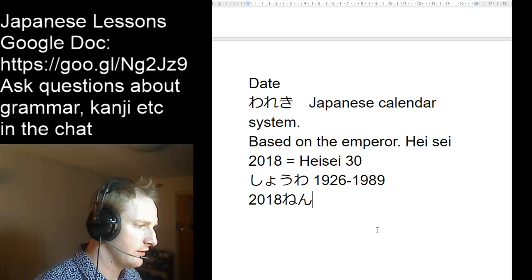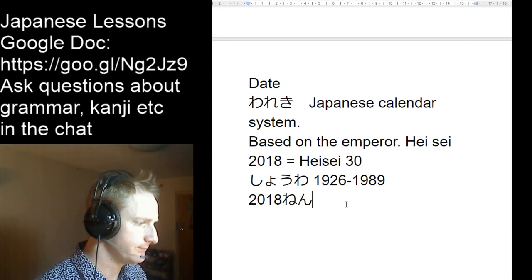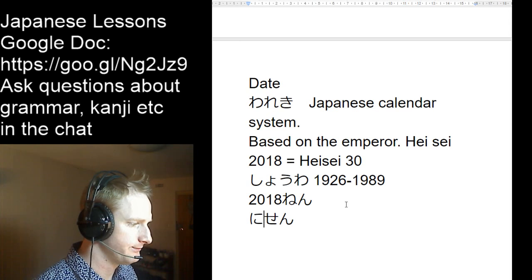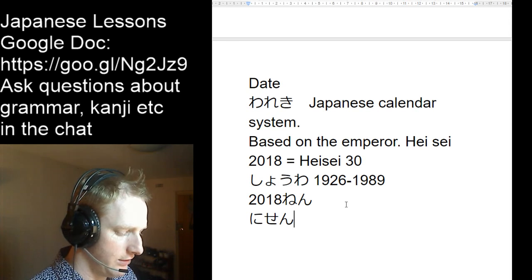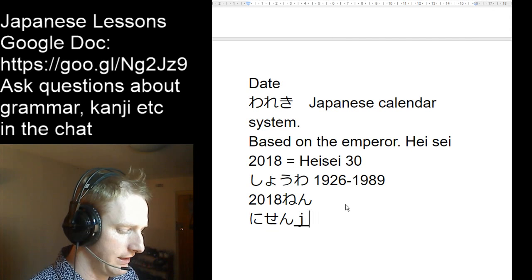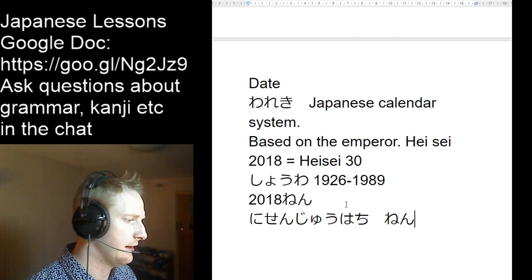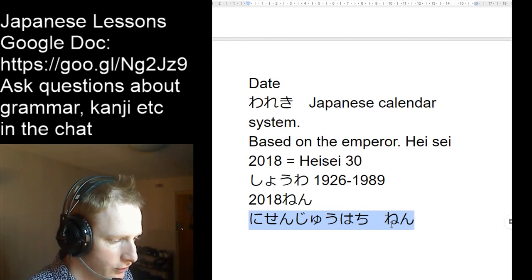So how would we read this number? Well, if we go back up, we saw that sen is 1,000. This is 2000, so we say nisen. And then we want to say 18. Well, so we just say 10 and 8 for 18. So juhachi. Okay, and then nen. So nisen juhachi nen. Okay, so this is 2018.